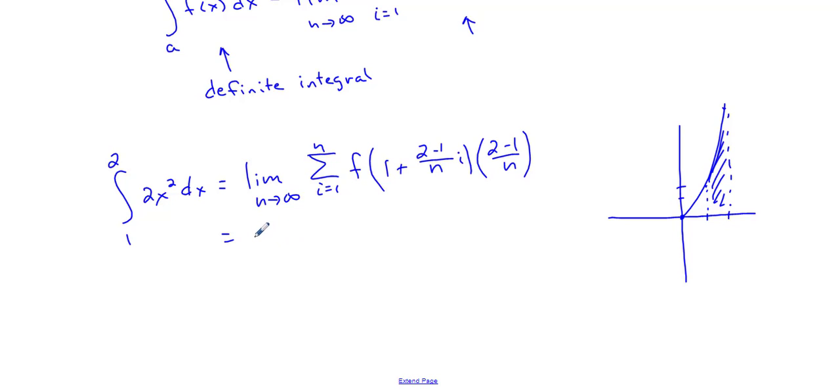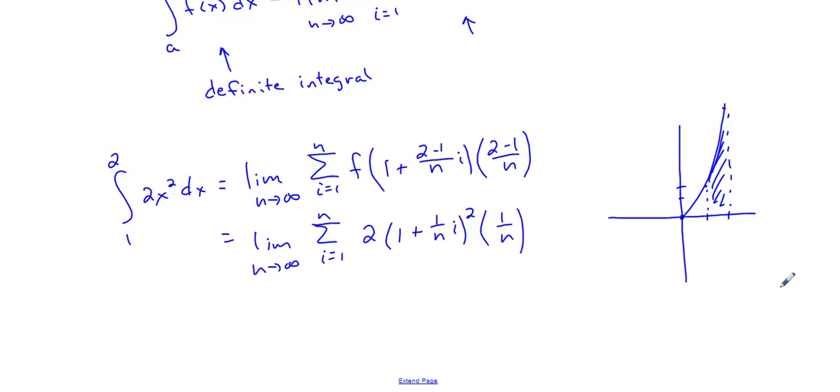But I like this intermediate step because this gets kind of complicated sometimes. Okay, rewrite, keep going. Limit as n goes to infinity, sum i equals 1 to n. That would be 2 times (1 plus 1 over n times i) squared, over 1 over n. All right, keep going.